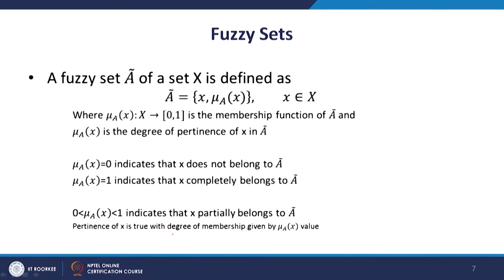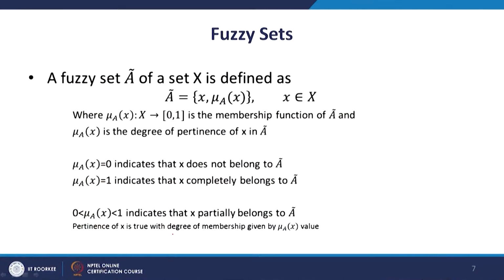Let us move forward. How do we define a fuzzy set? You can see the definition in the slide as well. A fuzzy set A tilde of a set capital X is defined as below, where A tilde equals the pairs x and the membership value given by mu A of x, the element x belonging to the set capital X. This fuzzy set is going to be associated with a crisp set wherein a membership function is going to determine whether full membership, no membership or partial membership is there.